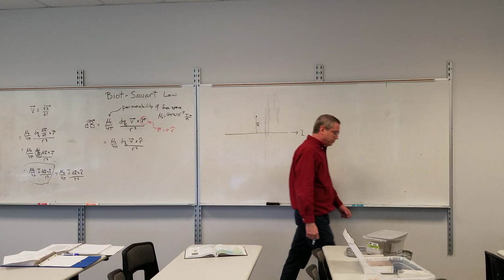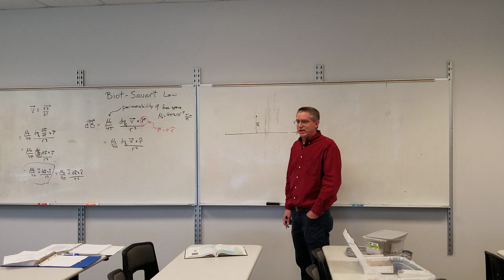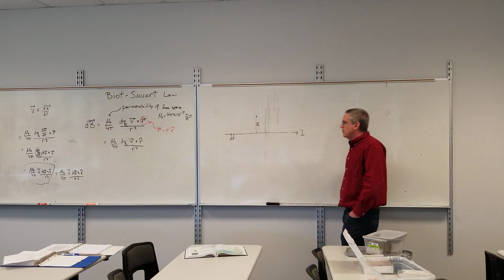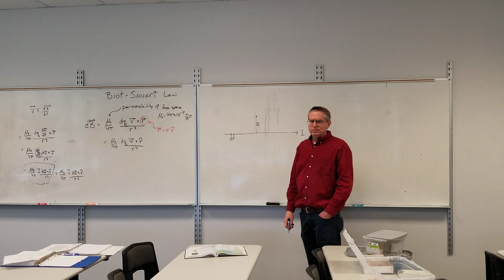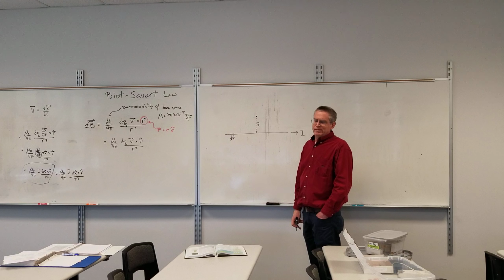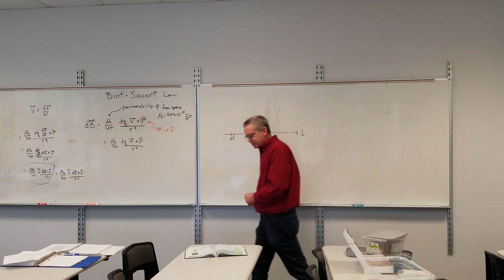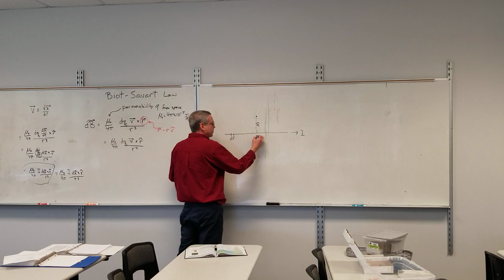So I need to define dx. I have to create my differential. So I'm going to create my differential right here. I'm going to say I got this dx right there. I'm going to make this line infinitely long, just because it's easier. So we need to define some stuff. I'm going to make this x is equal to 0 right there.